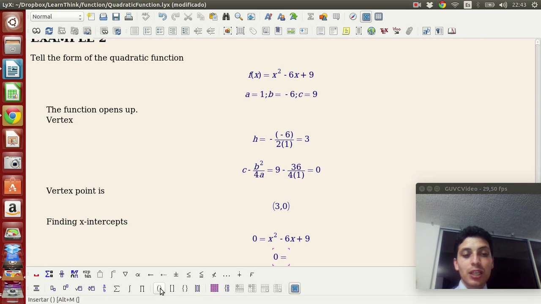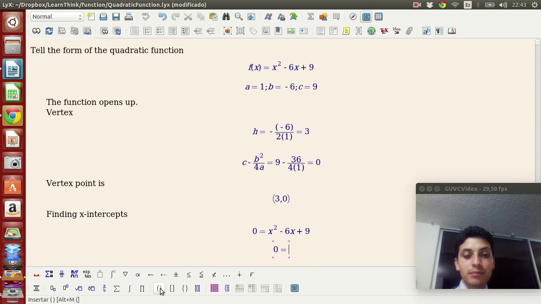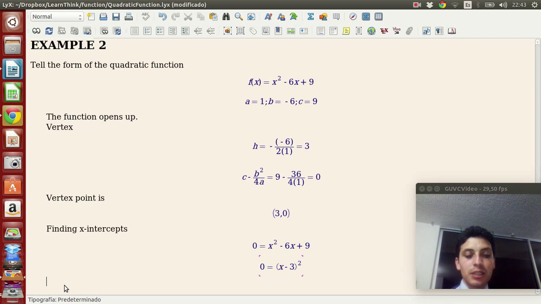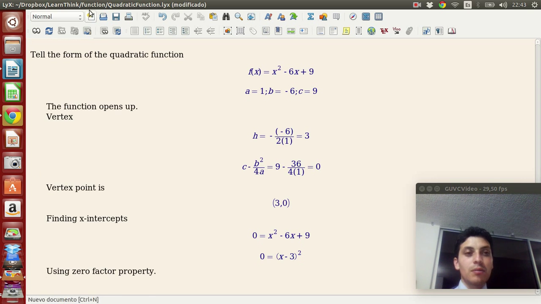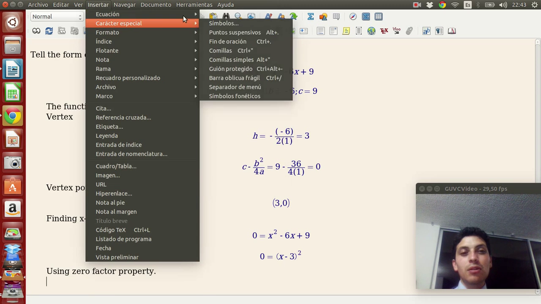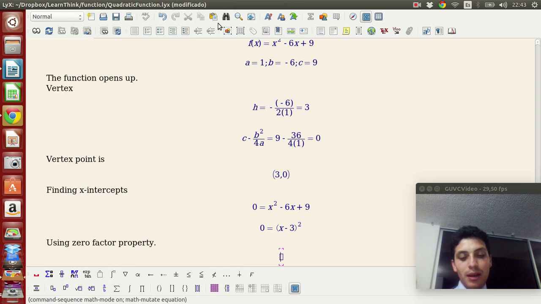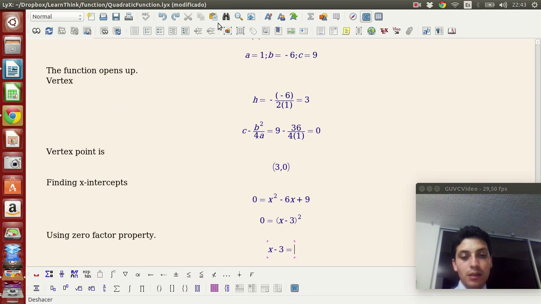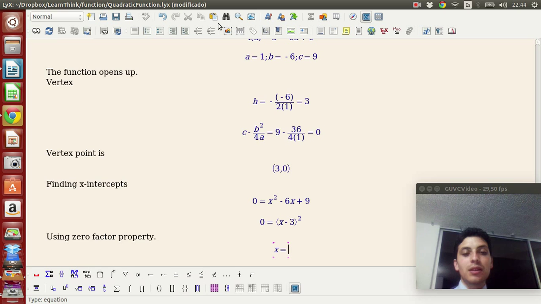So actually this is a perfect square trinomial, x minus 3 to the second power. So if you use the zero factor property, we have that each factor should be 0. The factor is the same, so we have x minus 3 equal to 0, so x equals 3.